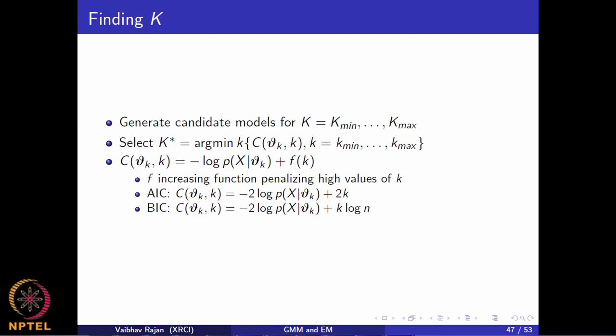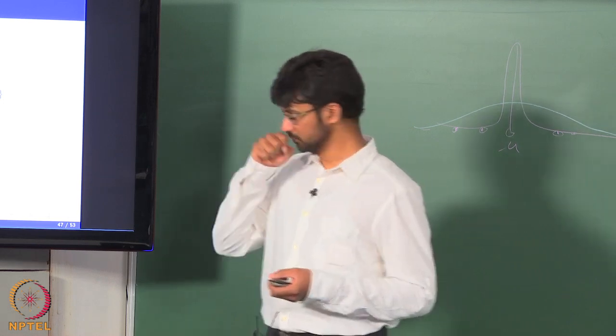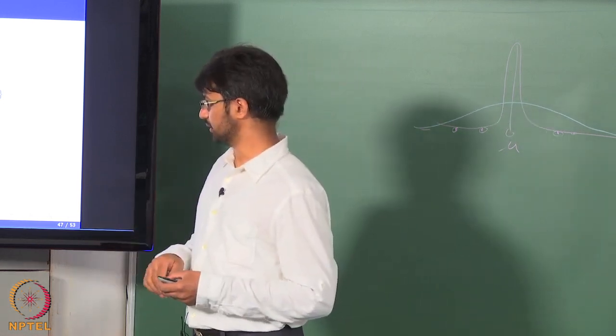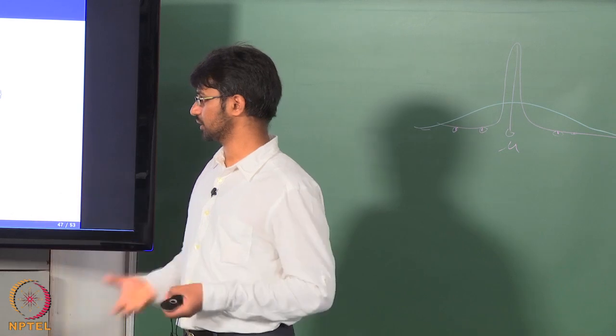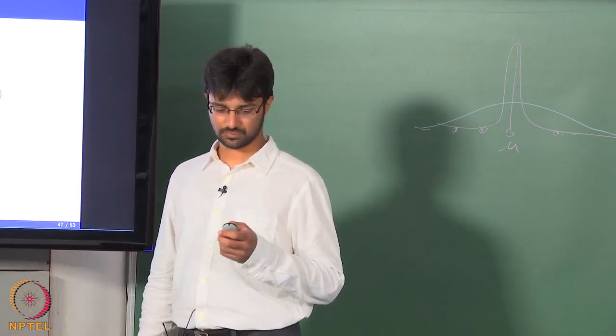There is a Bayesian information criterion which uses k log n, a similar general idea. And then there are other approaches for finding k which are Bayesian non-parametric approaches, where you assume some Dirichlet process priors, and then the method itself automatically estimates k.